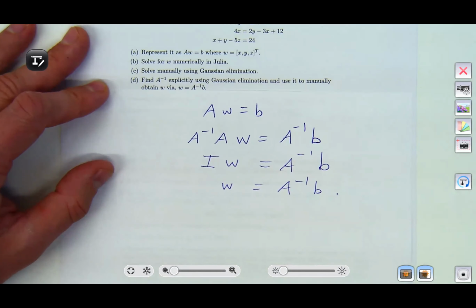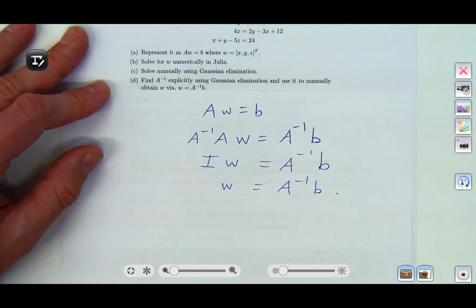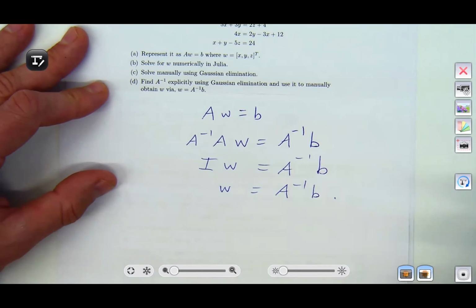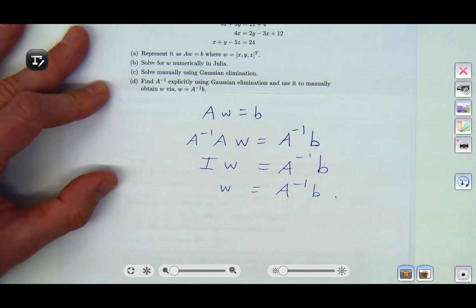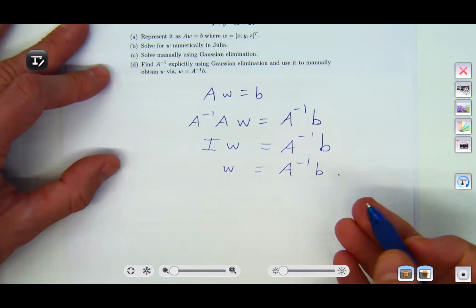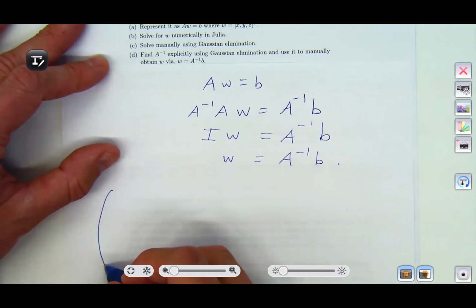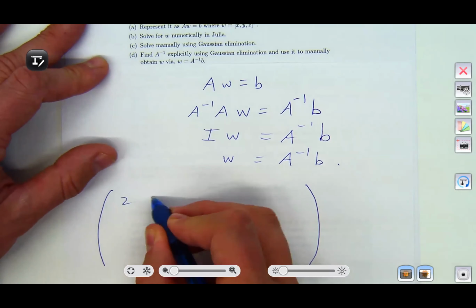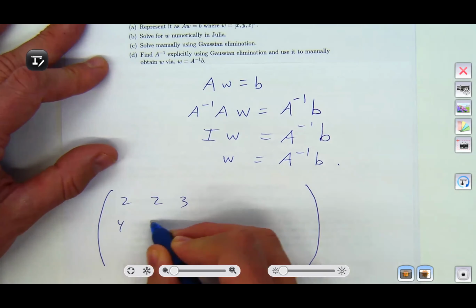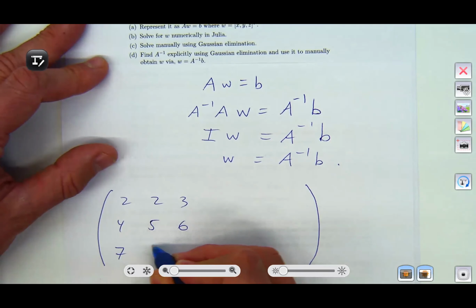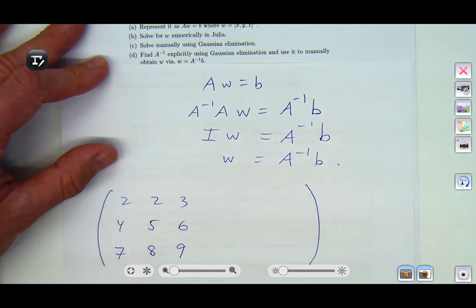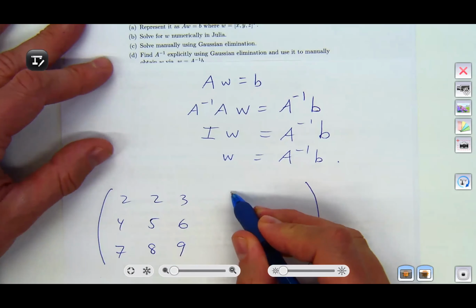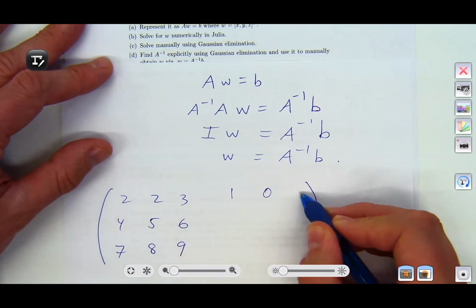Okay, so how do we do this by Gaussian elimination? Well, you take the matrix A and form a new matrix with it. In other words, you concatenate and form a great big matrix. So we had 2, 2, 3, 4, 5, 6, 7, 8, 9. That was our matrix A in our example. And then over here we put the identity matrix.